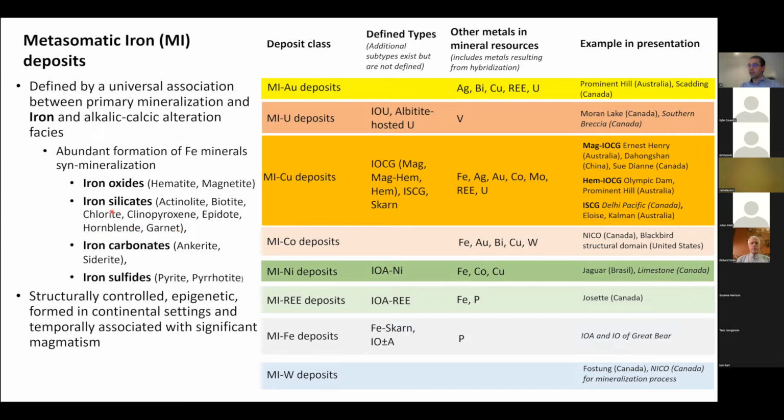And depending on the host environment, if the host environment has a good buffering ability, this may initially hinder the formation of iron oxides, and iron silicate can be extensively formed before the system really saturates and then starts forming iron oxides. For example, mafic environments have this good buffering ability.